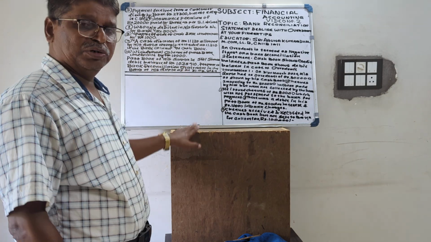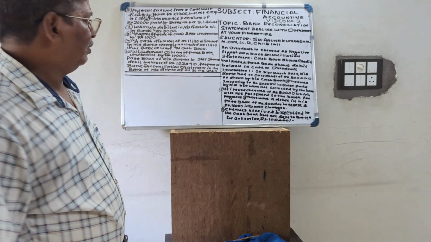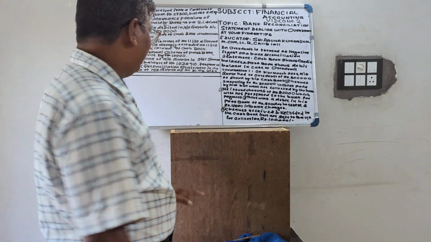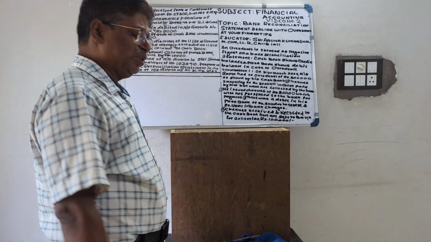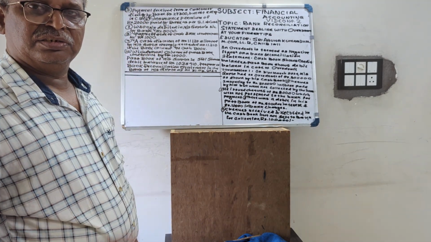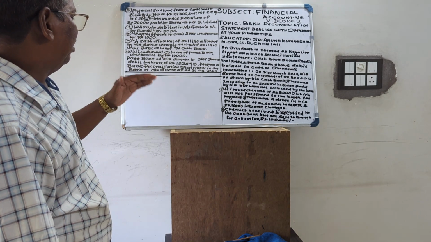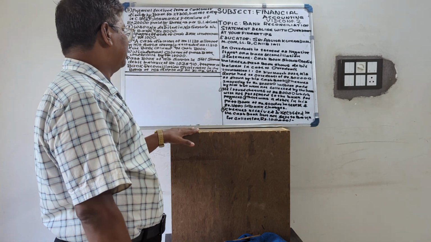In the normal case, the deposits are more than the withdrawals. As a result, the passbook shows a credit balance, that is the liability of the banker.